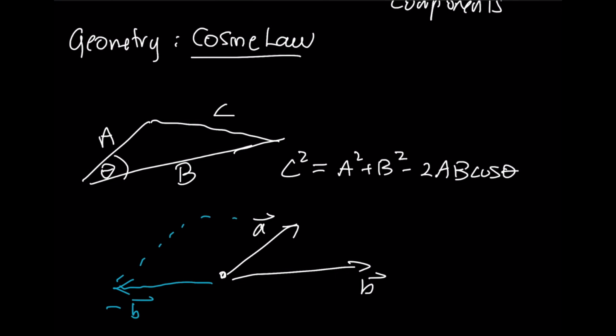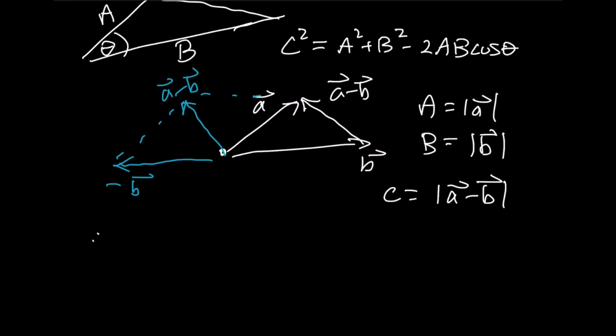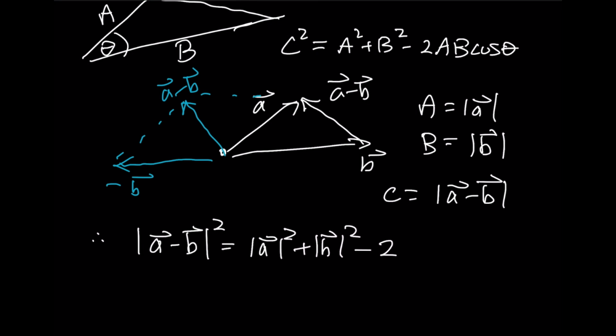The parallelogram rule tells me that this is A minus B, and because we're free to translate vectors, that means that the length of this, or the vector here, this third side, is A minus B. Here, the length A is just that, B is just the length of this vector, and C now ends up being the length of this vector A minus B. The cosine law translates into A minus B as a vector length squared is A squared plus B squared minus 2 length A, length B, cosine of theta.